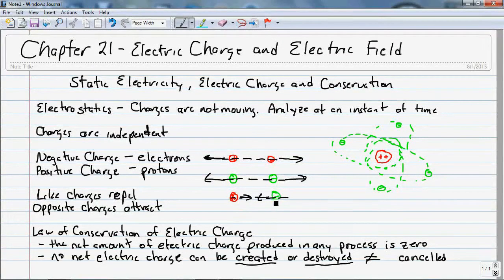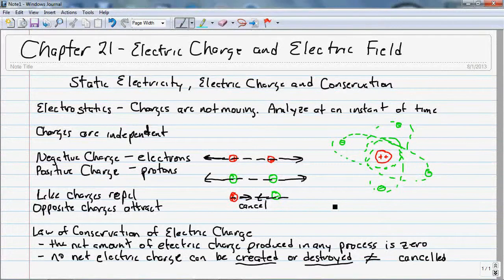And so in this case, if the positive and negative charge here that are attracting to each other were to get close enough, then they would cancel each other. And in a sense, because of that canceling, it would seem to reduce the amount of charge.